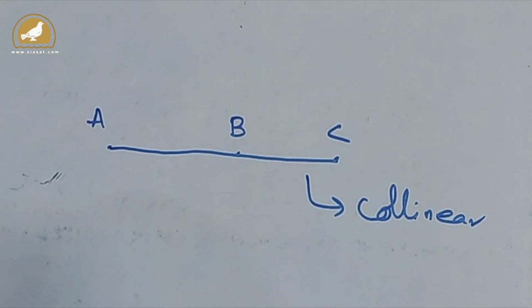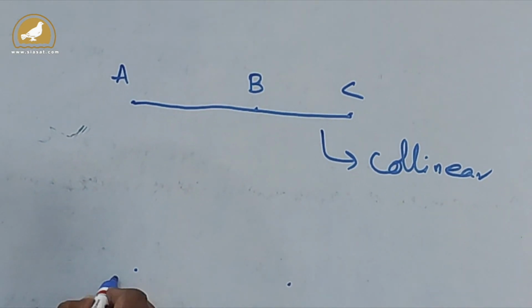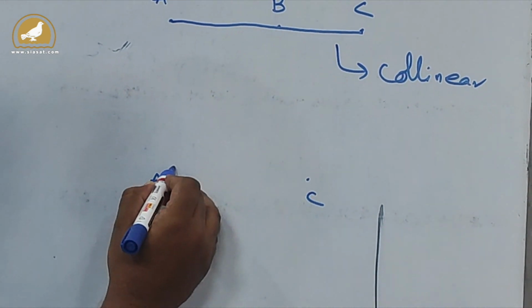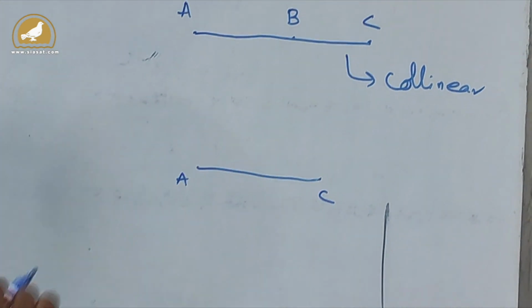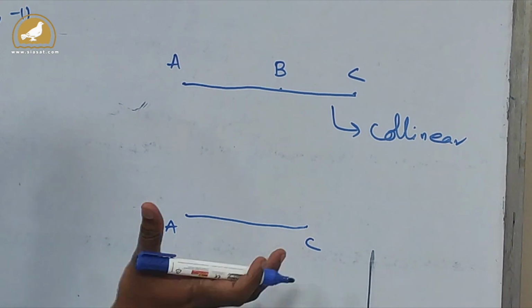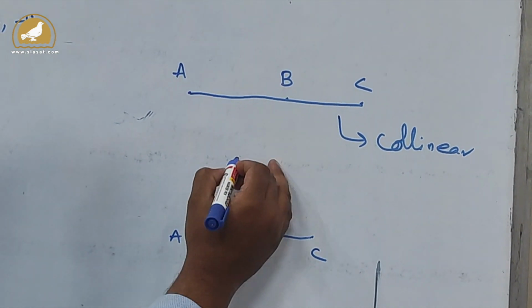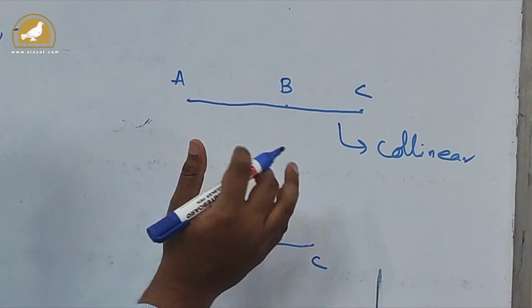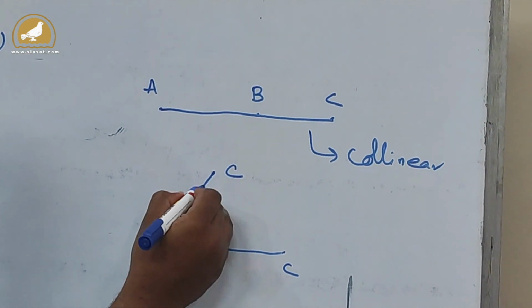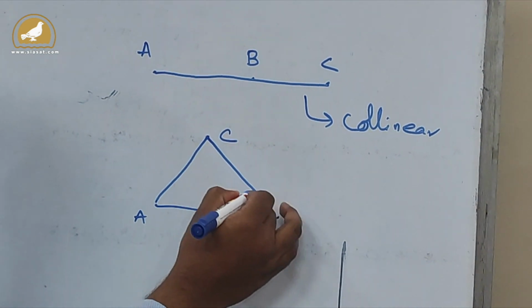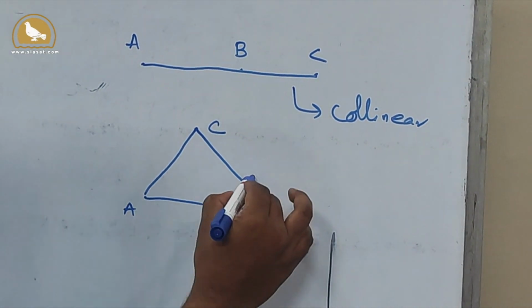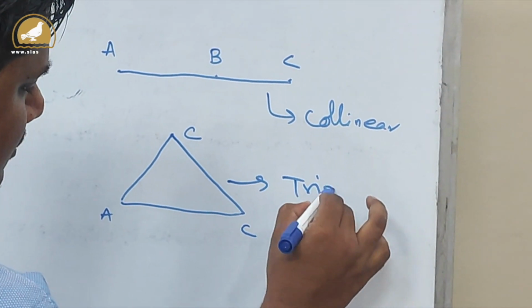If these 3 points don't lie on the same line, rather 2 points lie on the same line and the third point lies somewhere else, let us consider this as C, then it will not be collinear, rather it will become a triangle.